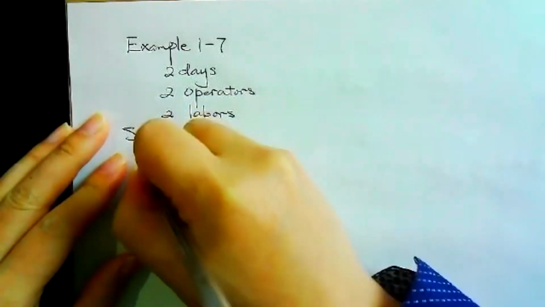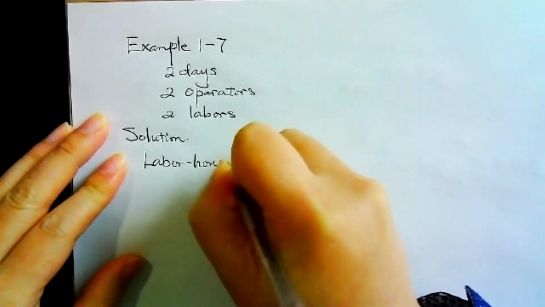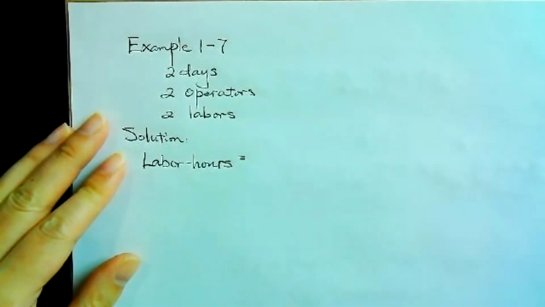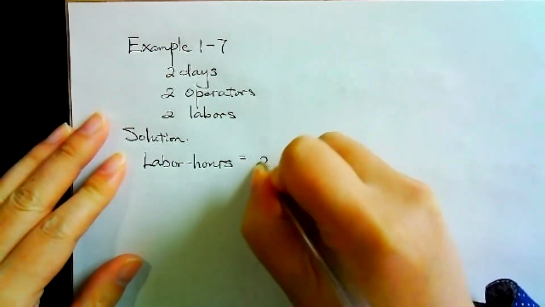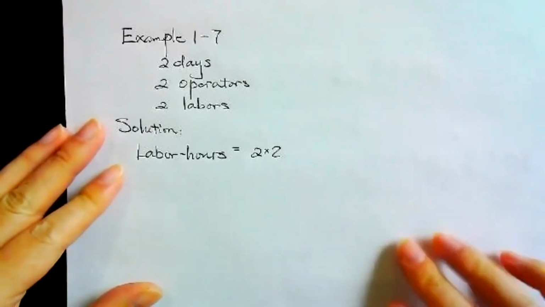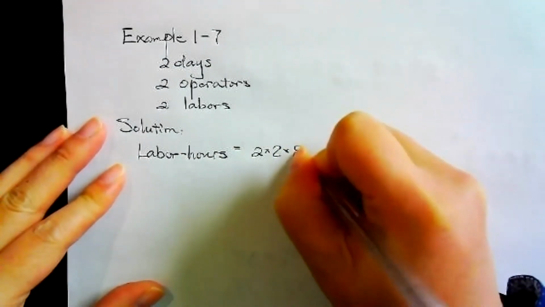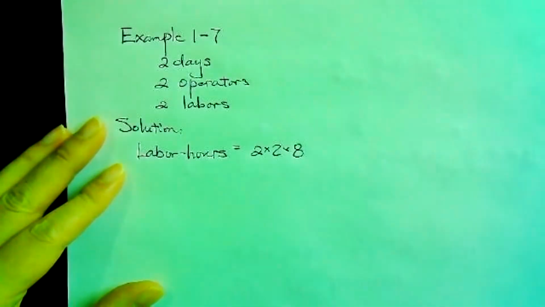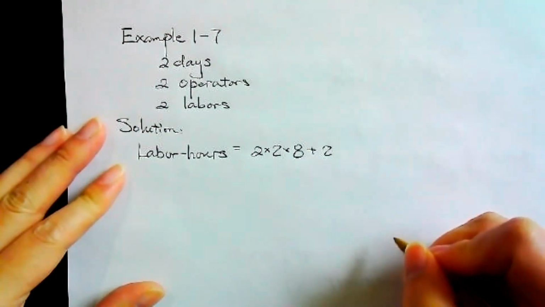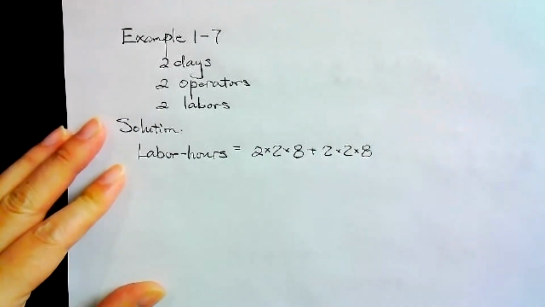Labor hours is a resource. Labor hours is equal to 2 operators times 2 days, and if it's not specifically specified, each day is an 8-hour working day, plus 2 regular laborers times 2 days times 8 hours.